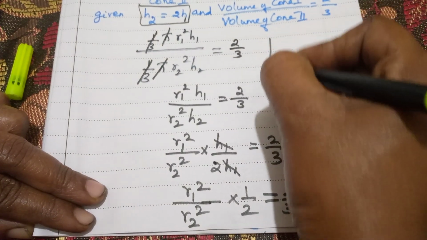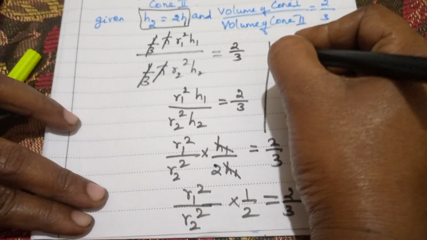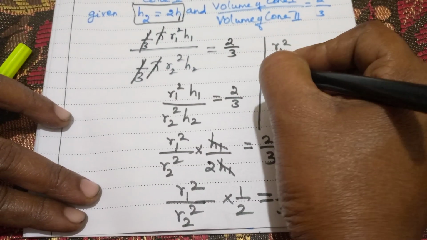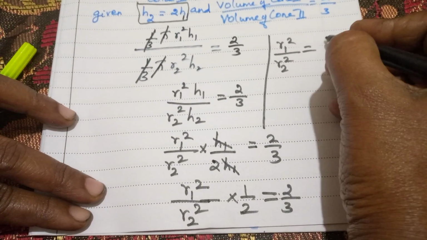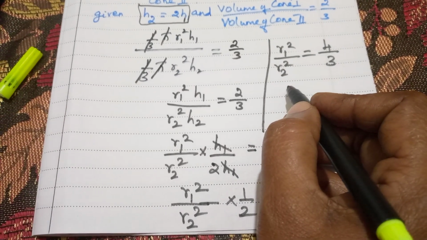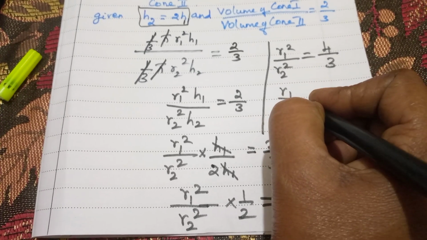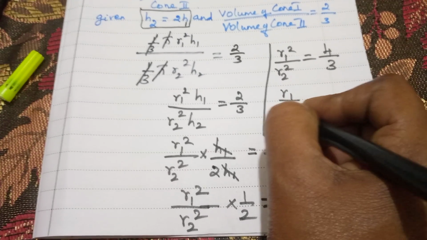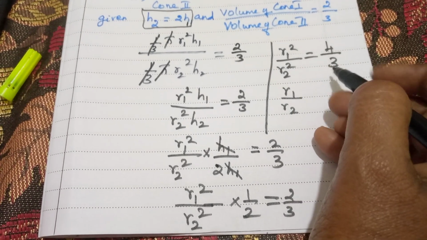Okay. Let us cross multiply. From here r1 square by r2 square is equal to 4 by 3. Okay, we need a ratio of r1 by r2. So r1 square by r2 square is 4 by 3.